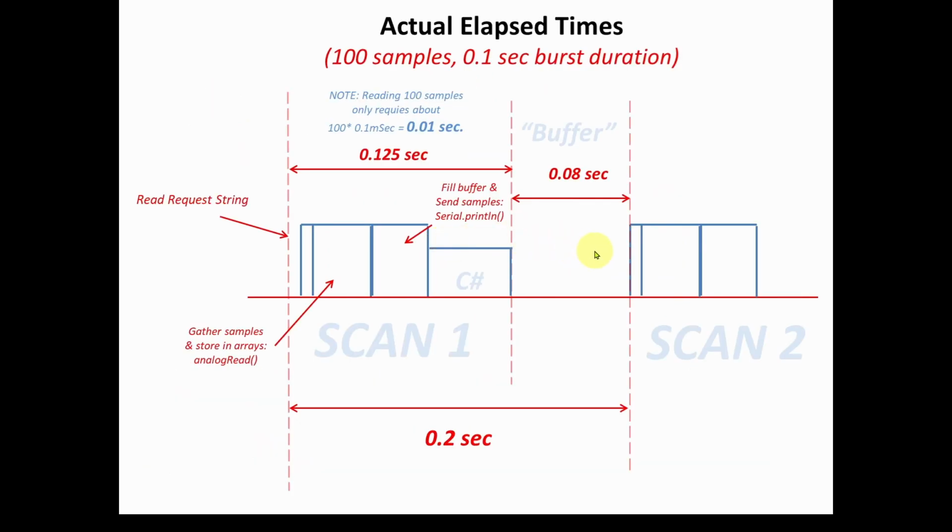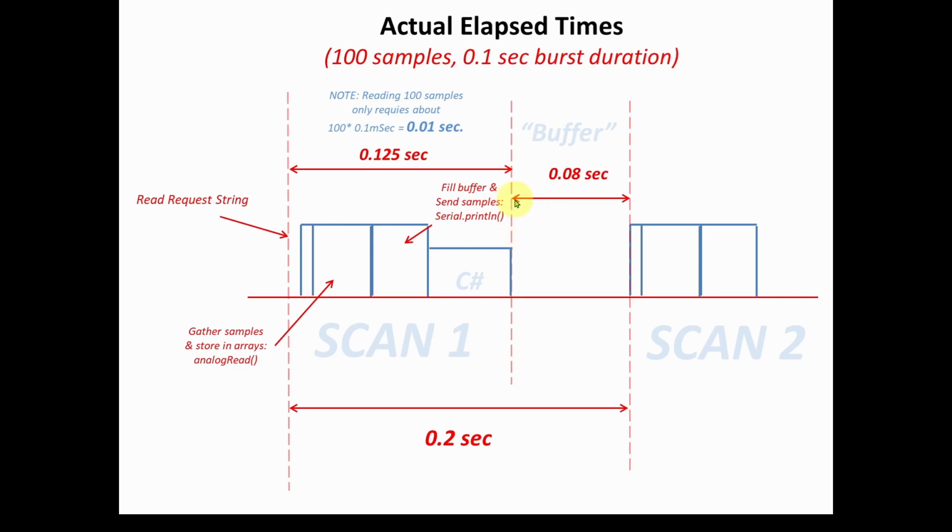Just for information, I have checked the actual elapsed time with my application, to give you a feel. If I said 100 samples, and asked for a 0.1 second scan time, which is 100 milliseconds, the result I get is about 0.125 seconds total time to get everything accomplished. We asked for 100 milliseconds scan time, but it actually took 125 milliseconds.